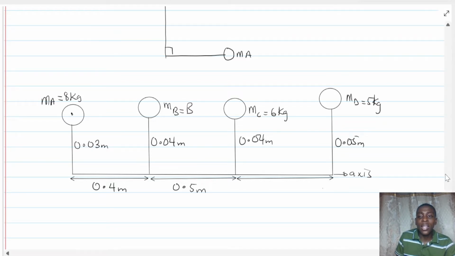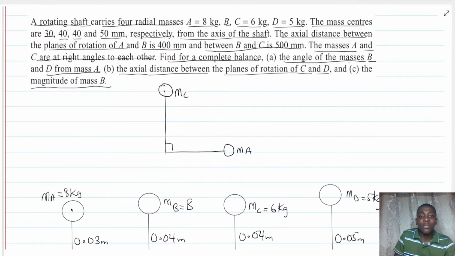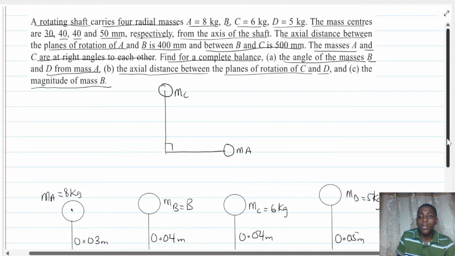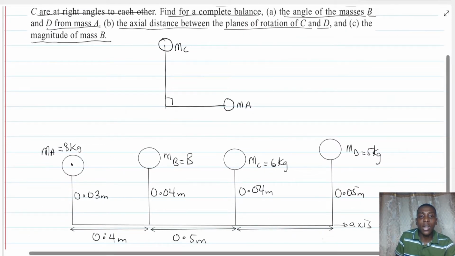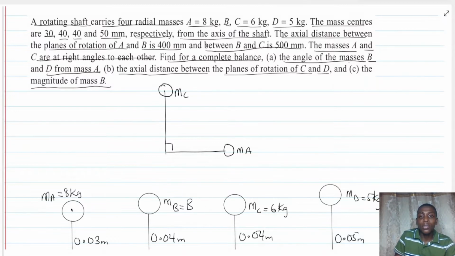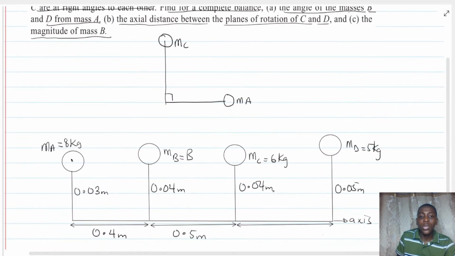From the problem, we said that the axial distance between planes of rotation of A and B is what? 400 mm. So that is 0.4 meters right here. And then also, that between B and C is 500 mm. So that is B and C. This is what? 0.5. Okay.